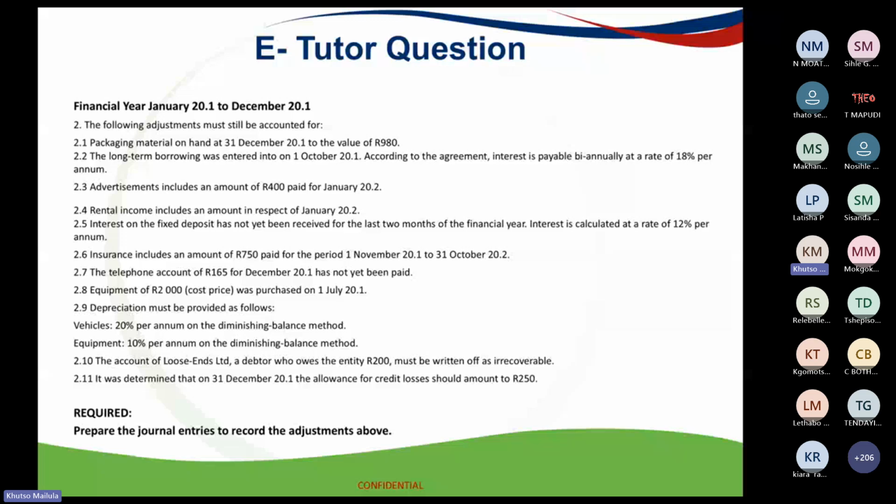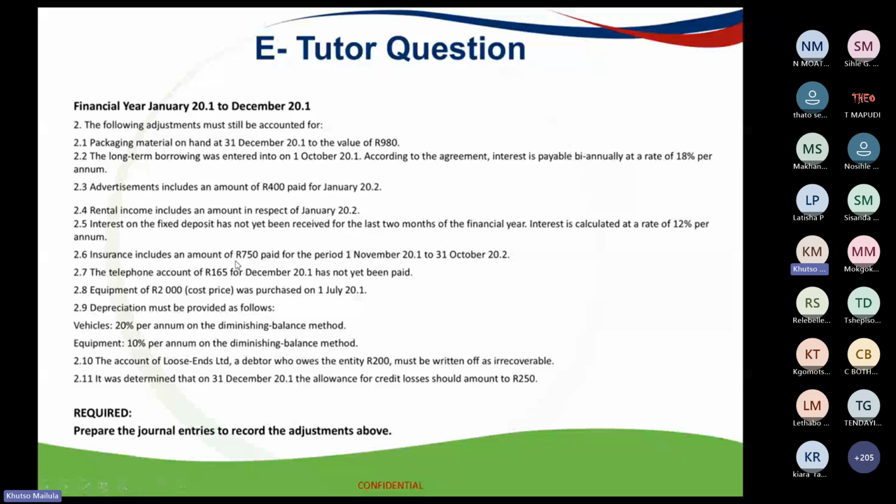2.6 says insurance includes an amount of 750 paid for the period from 1 November 2001 to 31 October 2002.